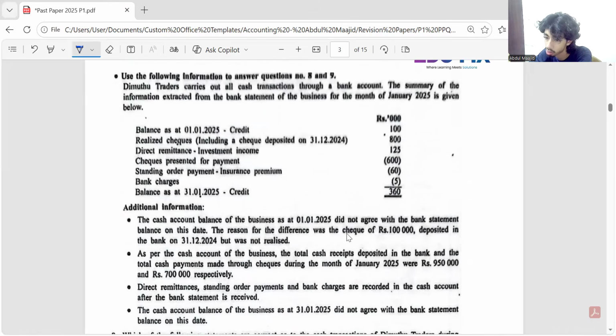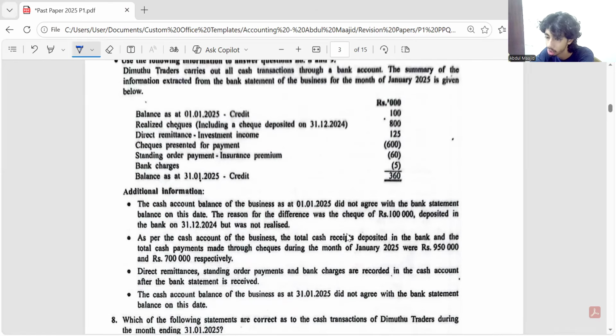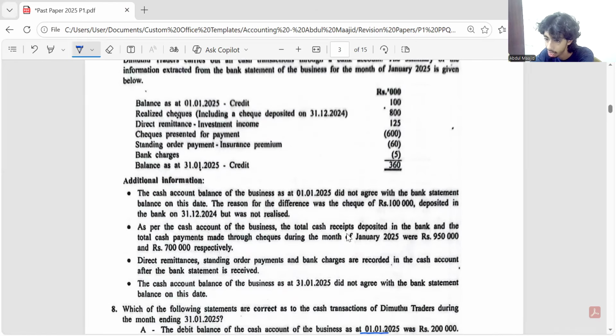Then what you have to do? They are asking for the opening balance of the cash account, right? Then you have to prepare the cash account.